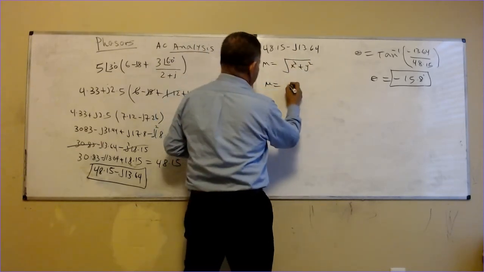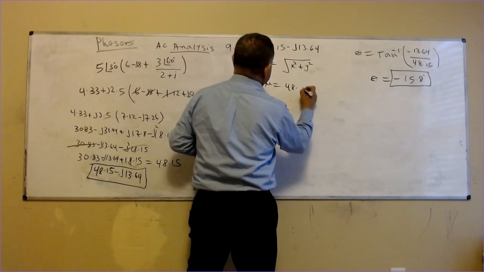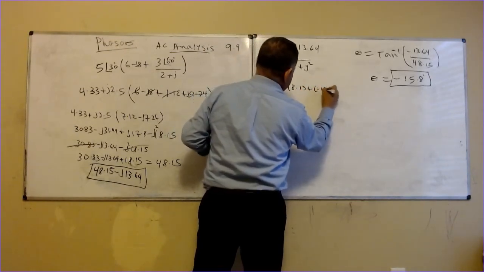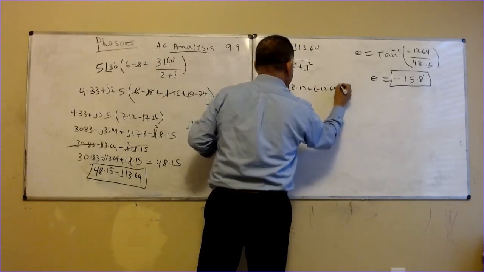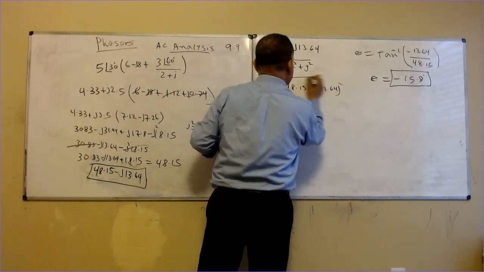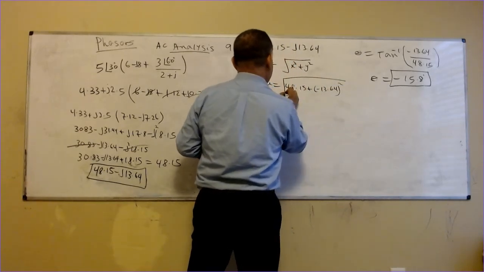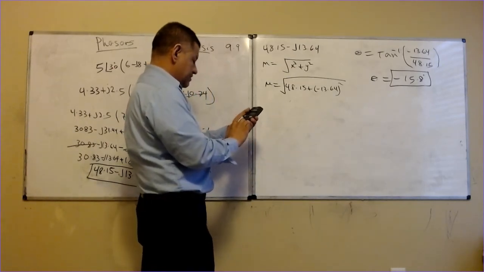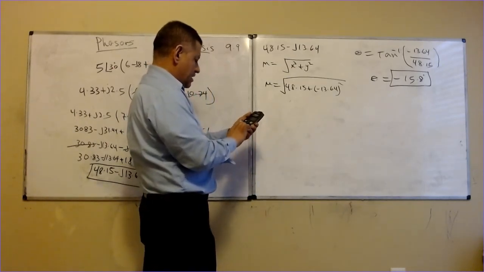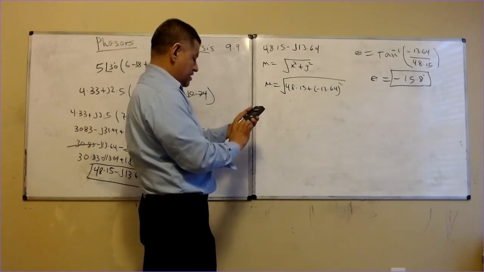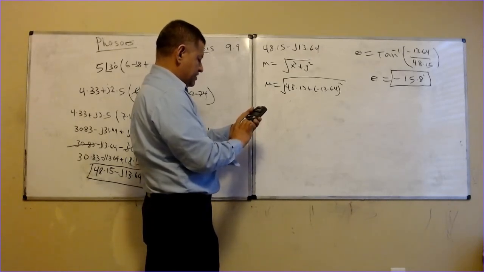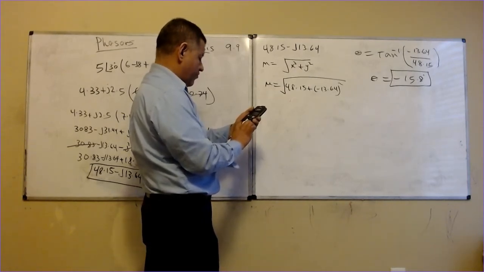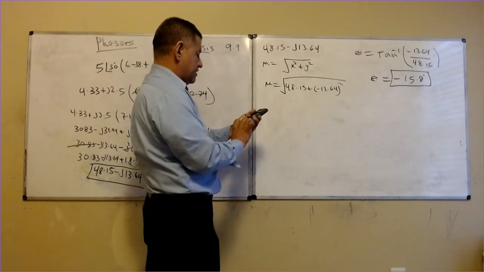So therefore, it's 48.15 squared plus negative 13.64 squared, right?